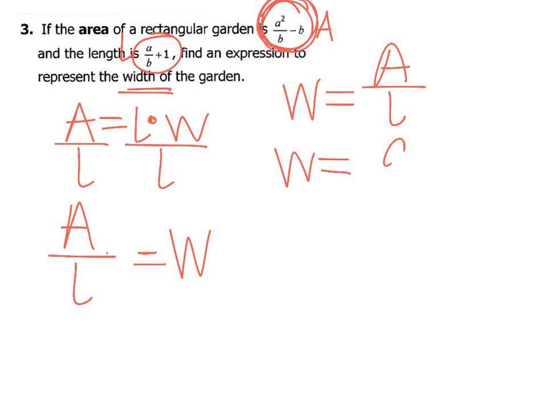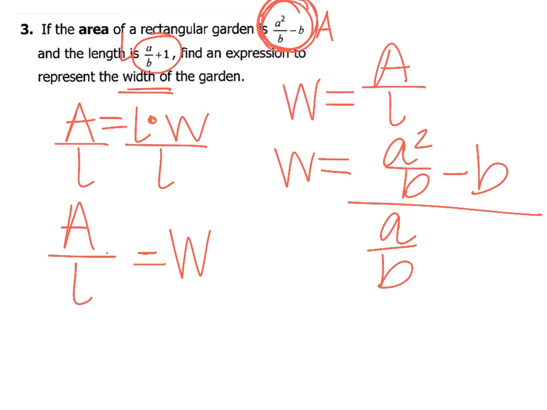So area equals A squared minus B over our length, which is A over B plus 1. Now we've got a complex fraction right here, and we can simplify this to find an expression, a rational expression, that represents W, or the width.